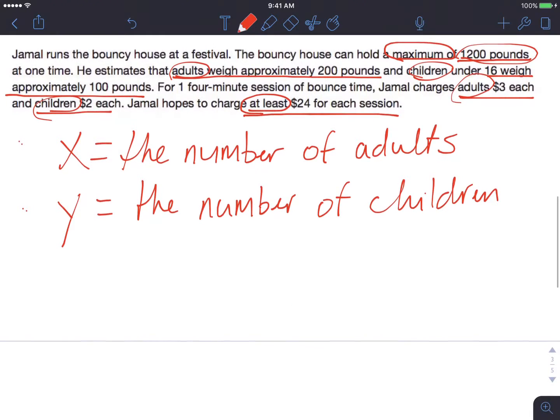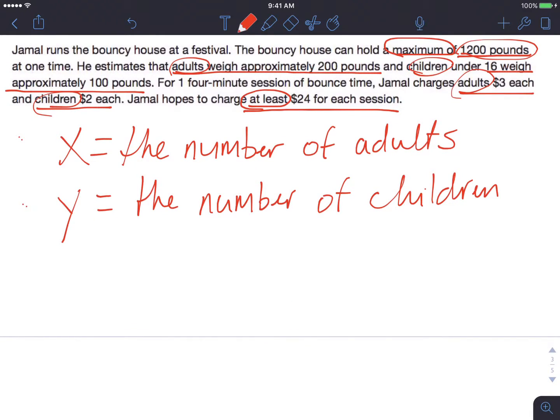So let's do 200 pounds times the number of adults, plus, how much do the kids weigh?